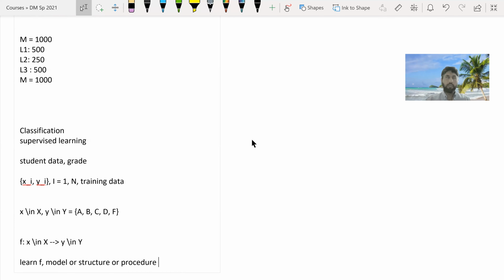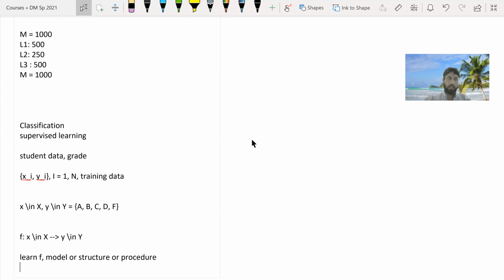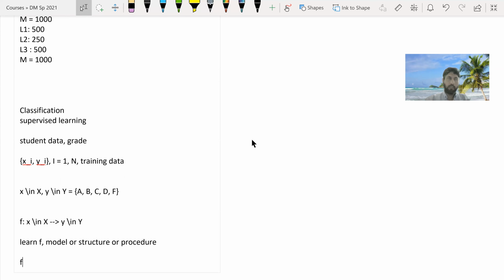Once you have learned this, so you already have F, then when you give F some new X, it will tell you its corresponding Y. That is our prediction, after we have learned this F.